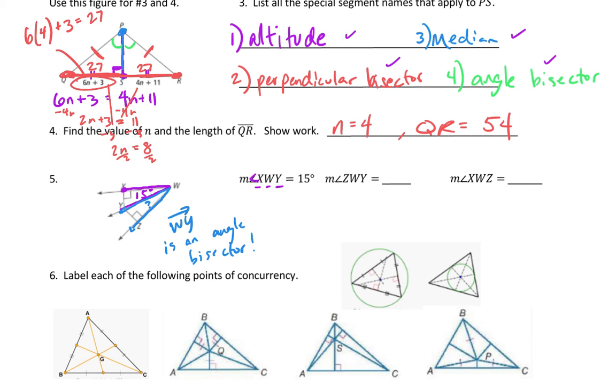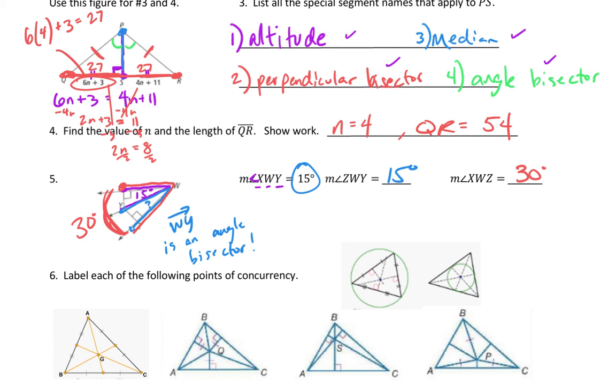So that means it cuts that big angle in half. So if YWX is 15, then the other little angle is also 15 degrees. And then when they ask about the big angle, XWZ, X vertex at W, going to Z, that big angle right there, it's going to be the 15 plus the other 15, it's going to be 30 degrees.